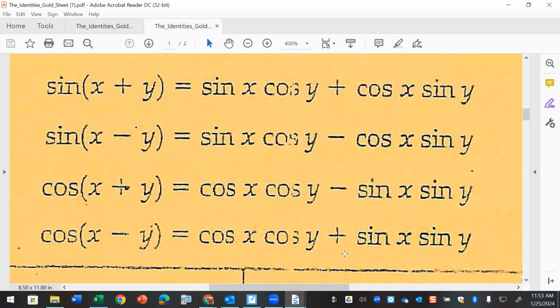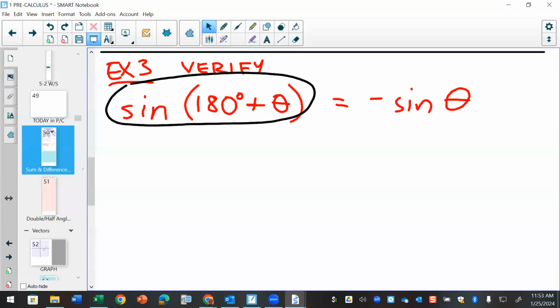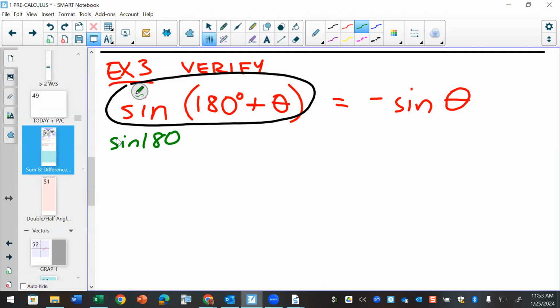So roll it out: sine, cosine, cosine, sine. And make those substitutions: sine, cosine, cosine, sine, right? Equal blank, right? One side only.